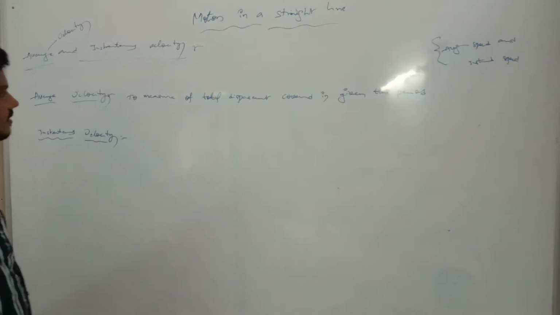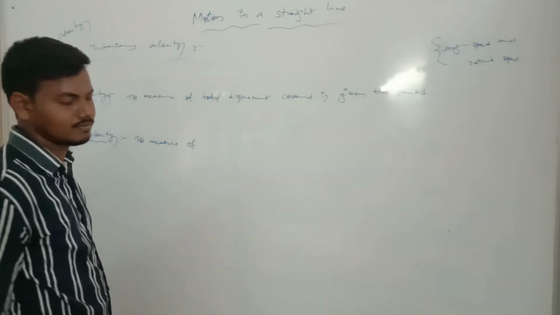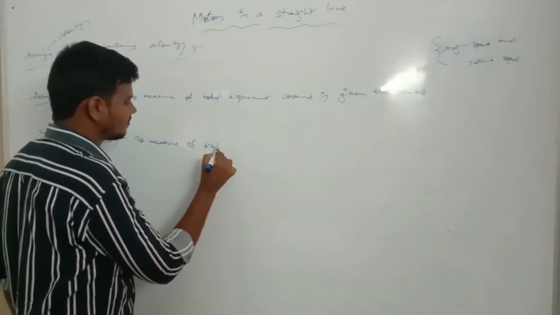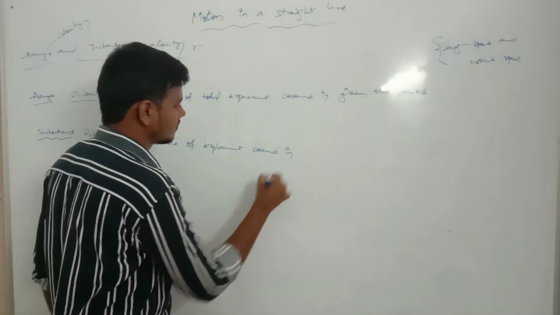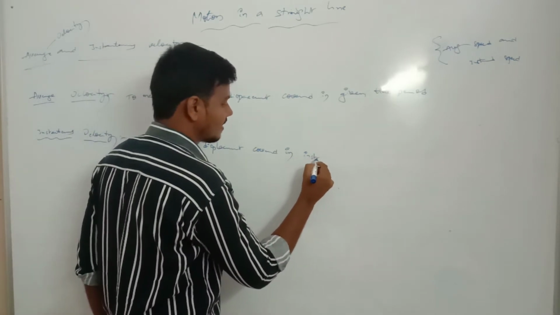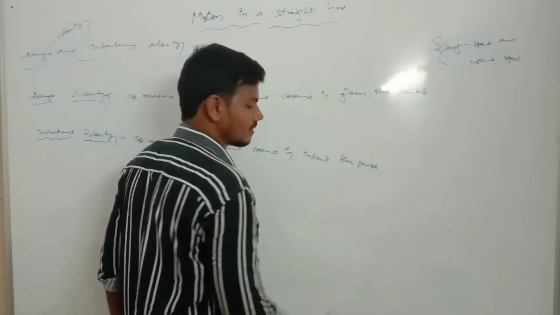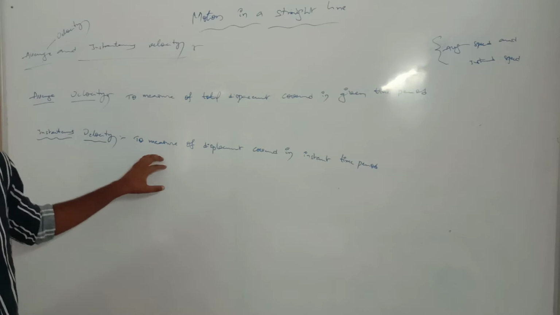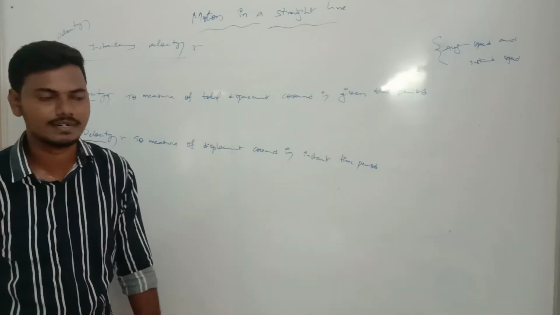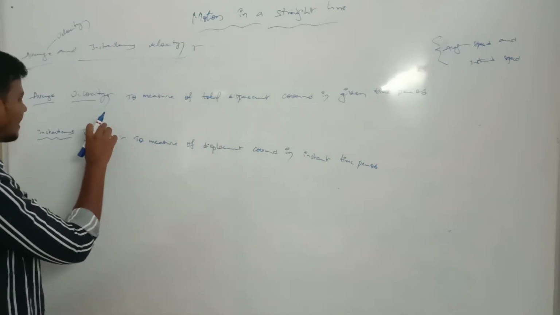Instantaneous velocity is the measure of displacement covered in an instant of time. Previously, the instantaneous speed definition was the measure of distance covered in an instant time period.